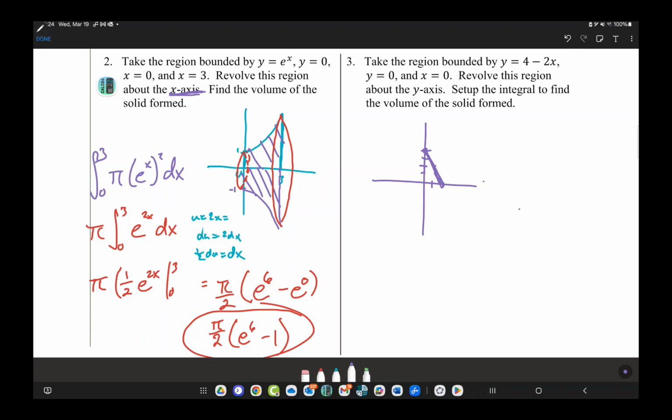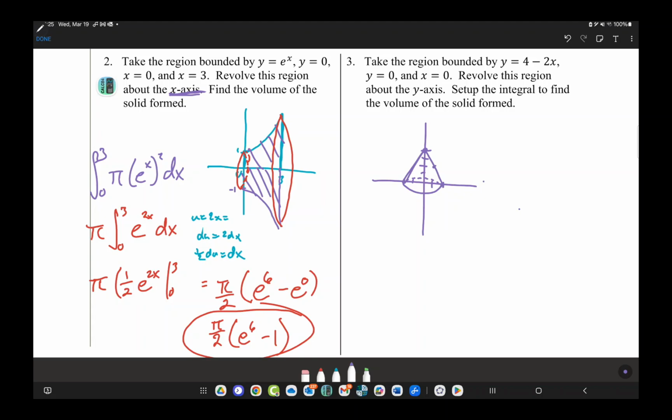Okay, let's mirror that over here. And we're going to rotate this around, forming a nice little cone. In this case, if you knew the volume of a cone, you could probably solve this pretty easily. Remember how to find the volume of a cone?